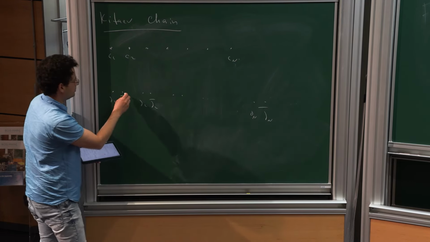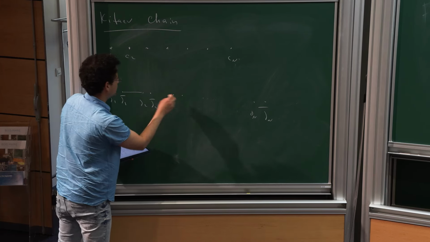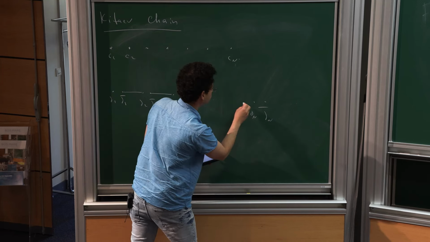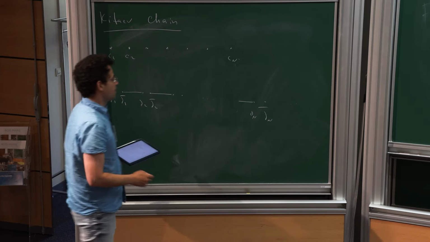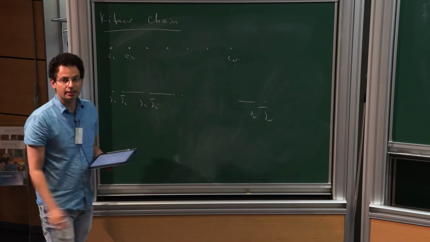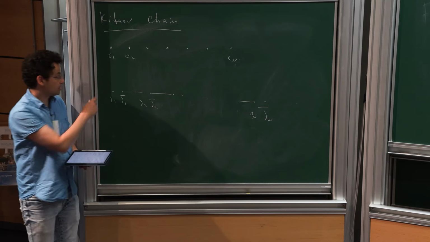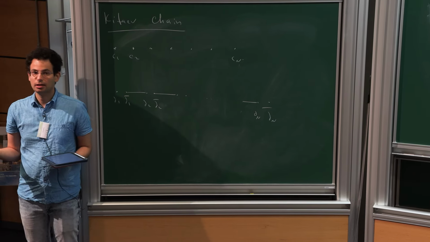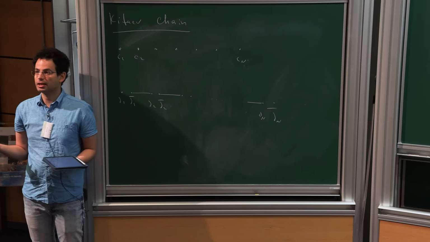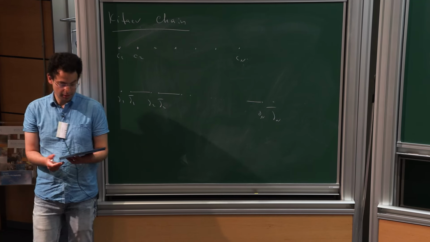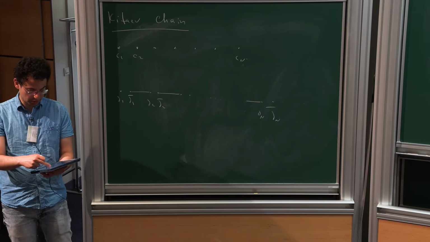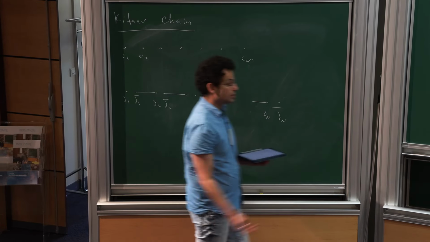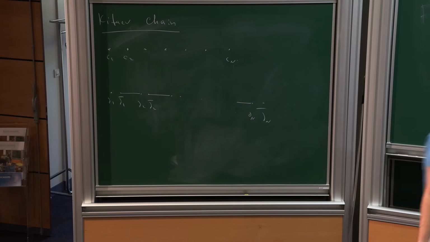And we couple them in this manner. And we saw that when the chain is closed, then there is a unique gapped ground state. When the chain is open, there is a protected twofold degeneracy associated with the two boundaries. Okay, so this is an example of a non-trivial invertible phase.